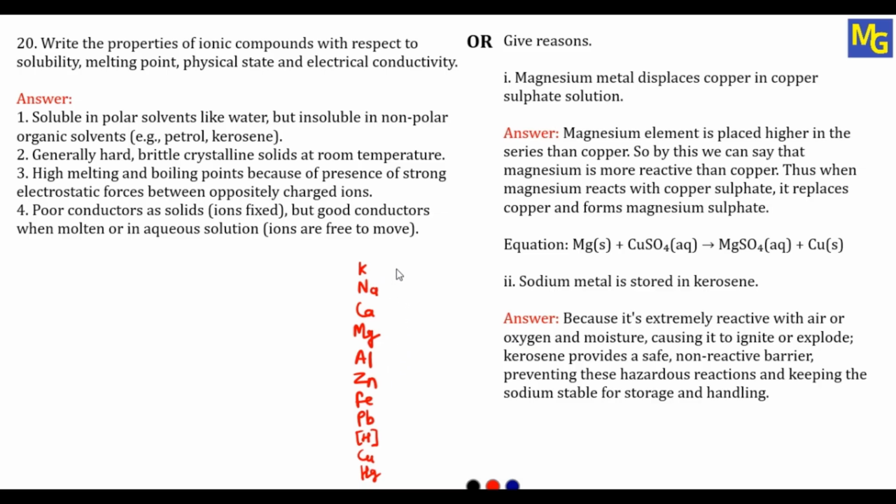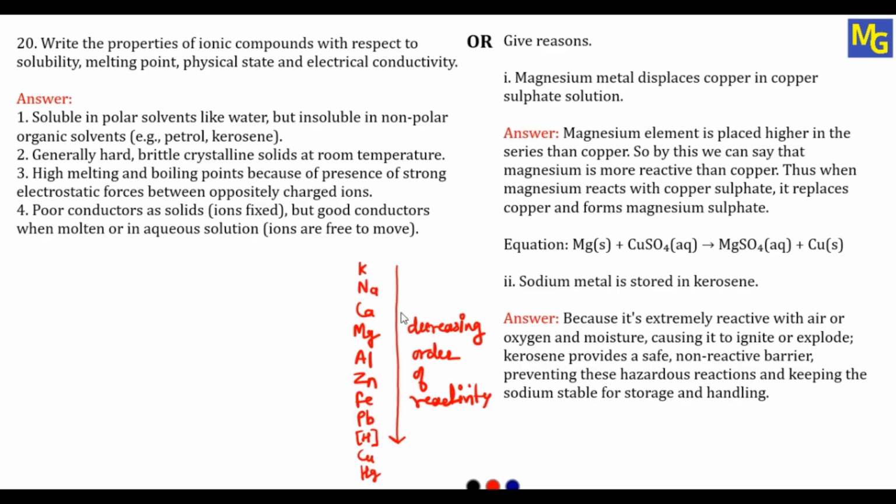If you see, all these elements are arranged in the decreasing order of their reactivity. Very important, you have to remember. Decreasing order of reactivity means what? Here potassium is present at the topmost level.